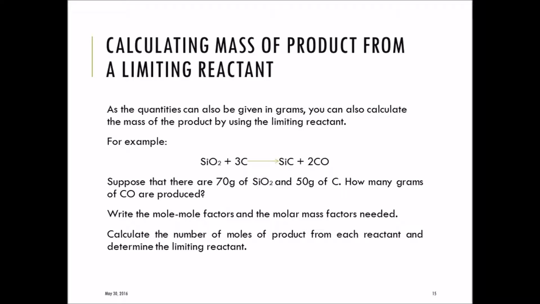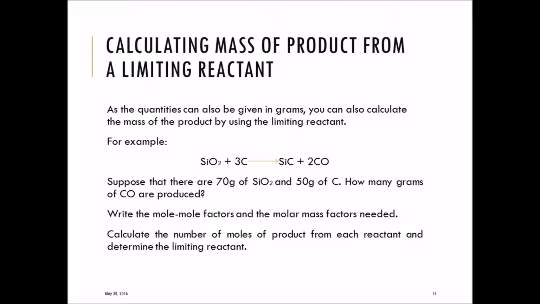And as for the molar mass factors, a mole of silicon oxide is 60.1 grams. A mole of carbon, as you know, is 12.01 grams. To make this problem easier, we are just going to say that it's 12 grams. And that is it for the mole factors and the molar mass factors that are needed.